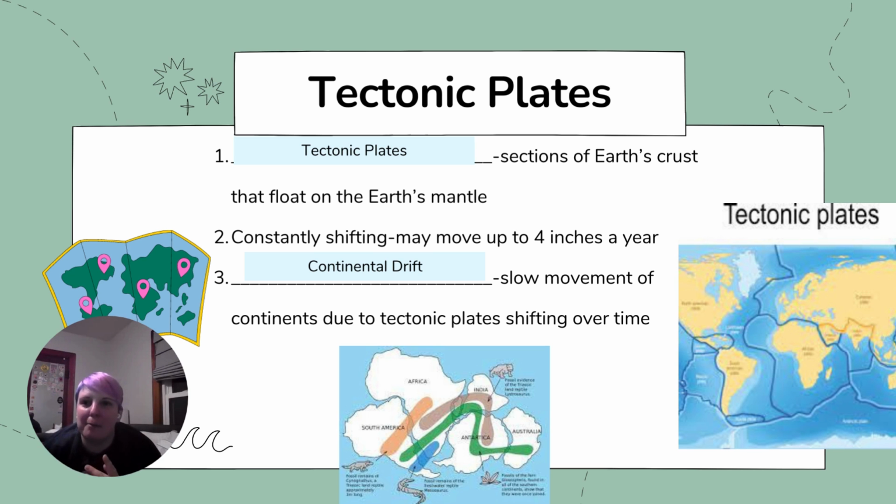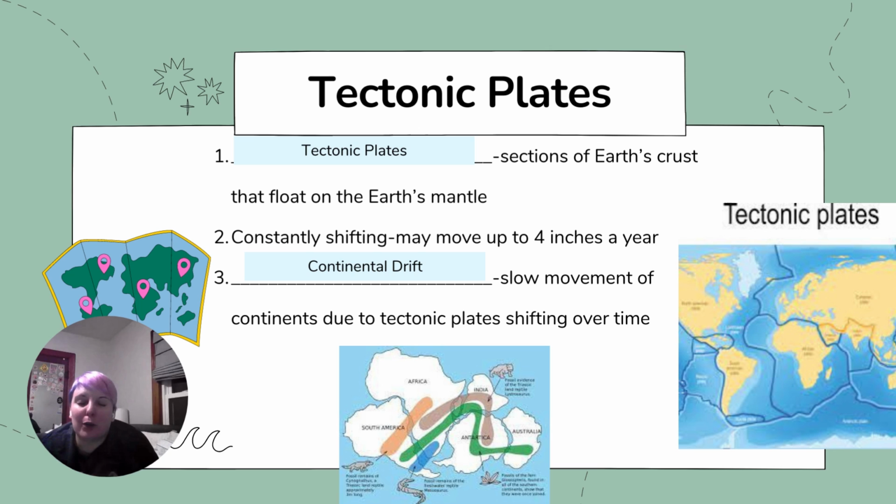This is what the continents originally looked like millions of years ago, before the tectonic plates started to push those continents apart. This means that if the world ends up being around for a few million more years, the Earth may look a little bit different than it does today.